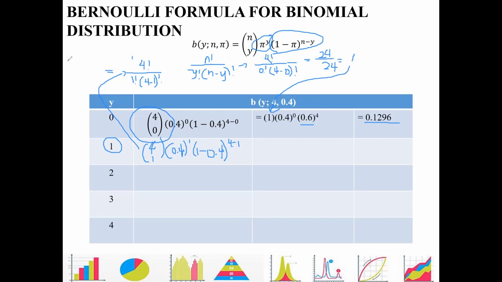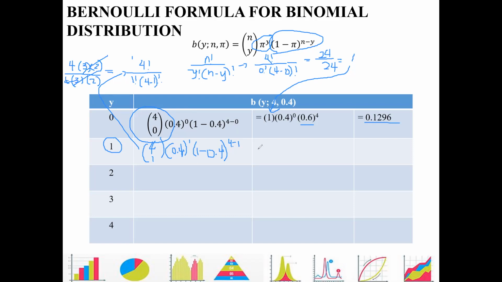So, that is 4 times 3 times 2 times 1 over 1. 1 factorial is 1. Multiply by 4 minus 1, 3 factorial. So, that is 3 times 2. So, cancel out.